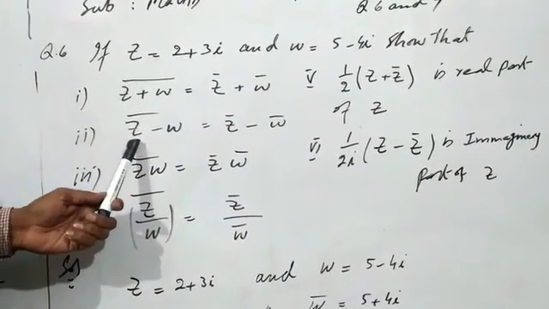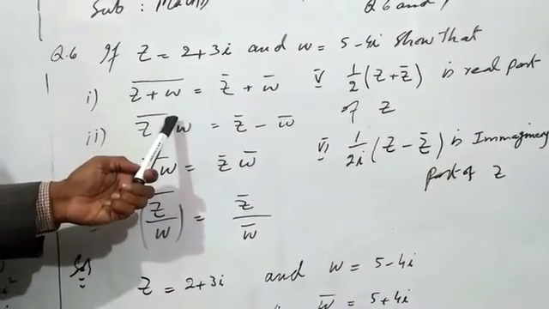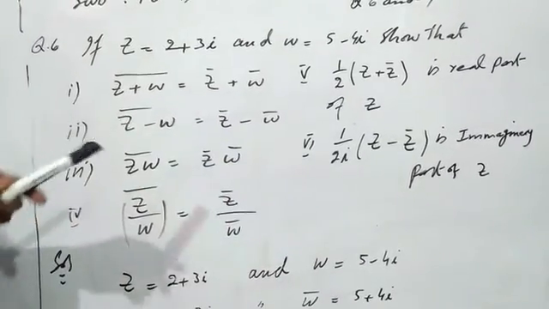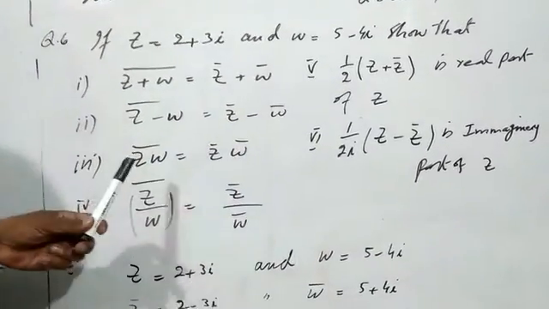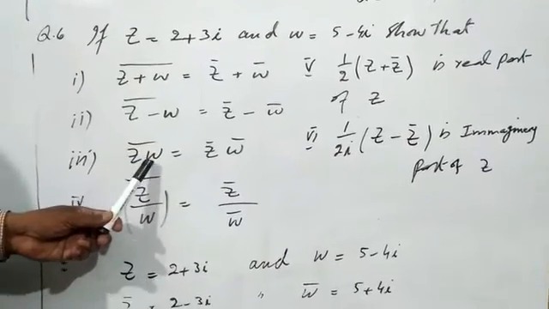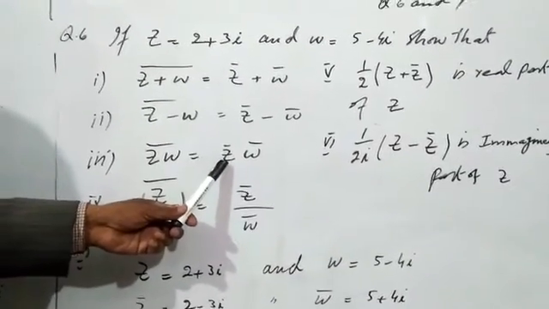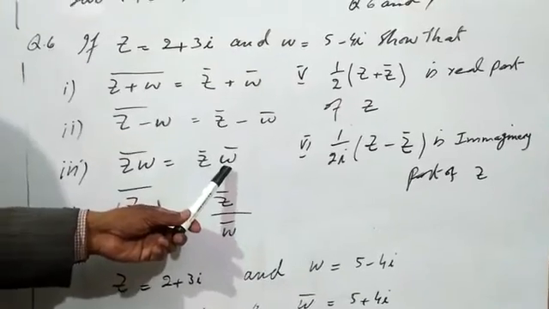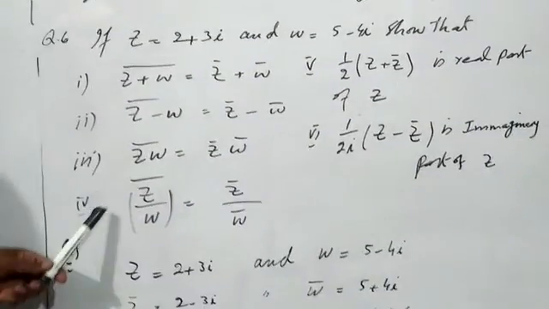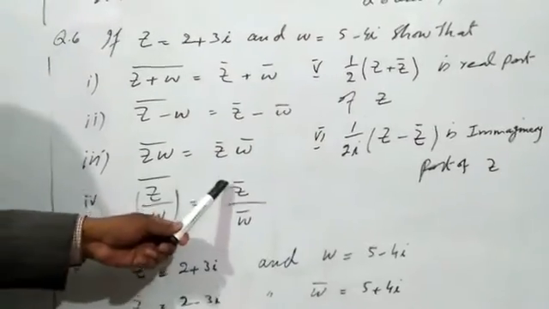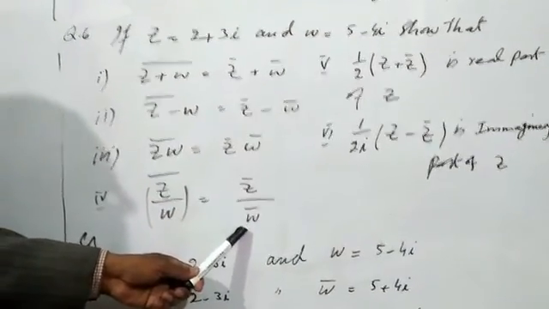In the second part, z minus w conjugate is equal to z conjugate minus w conjugate. Z w whole conjugate is equal to z conjugate w conjugate. In the fourth part, z by w conjugate is equal to z conjugate by w conjugate.